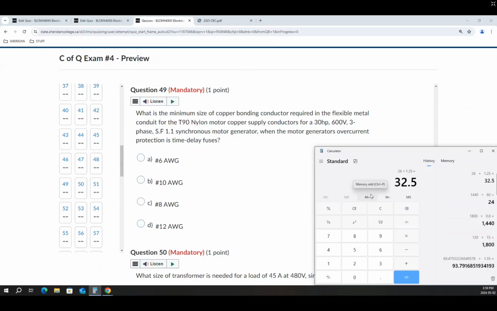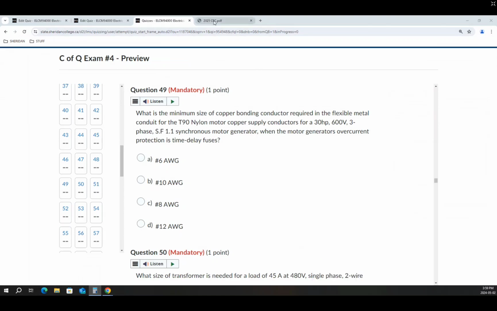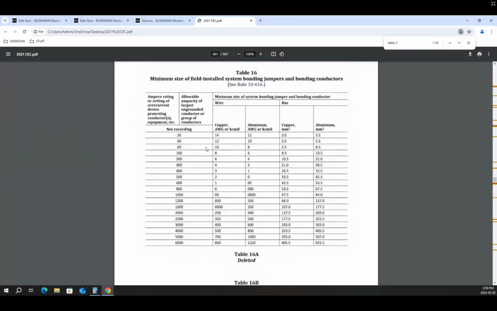And I got a number 10. And then from table 16, it was a number 10. And so it was 32.5.